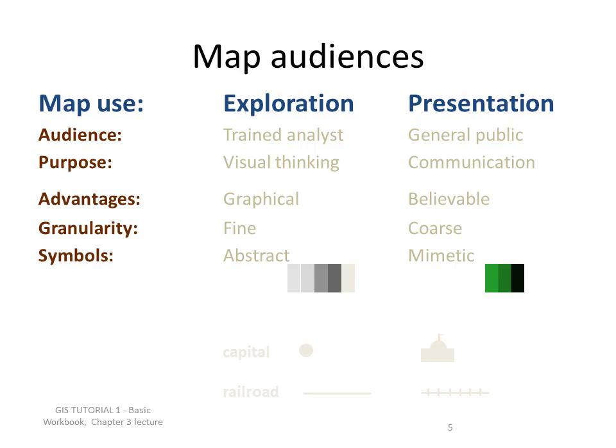First, we'll just compare the audiences of the trained analyst and general public in terms of how maps are used for exploration or for presentation. For exploration, the audience would be more of a trained analyst, where the purpose is to explore a problem through visual thinking.